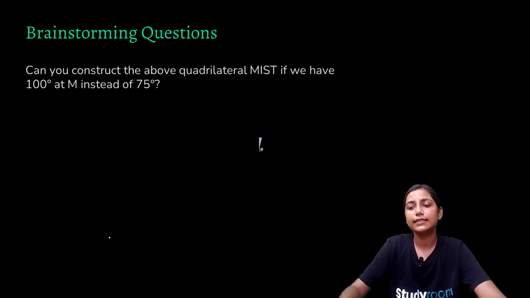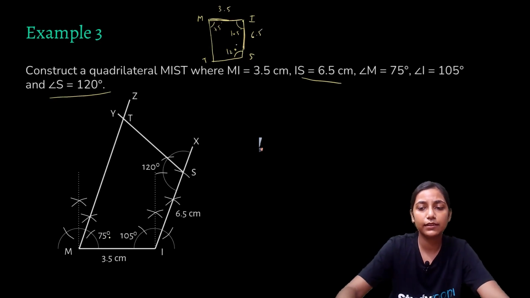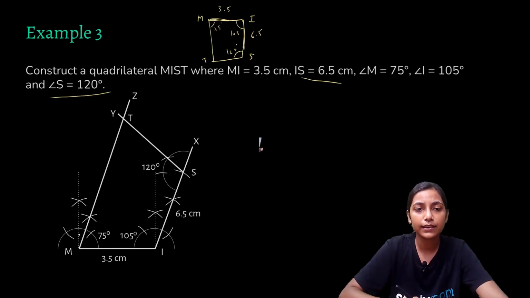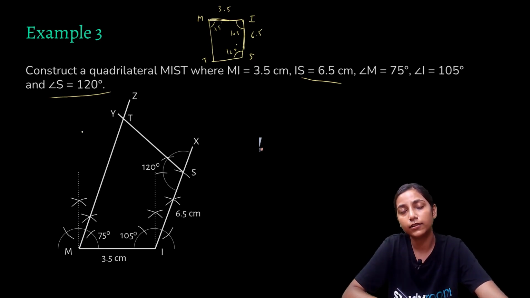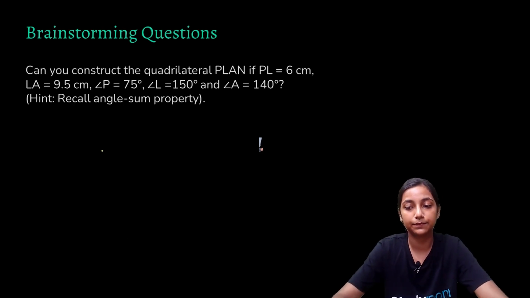But in that case, angle T's measurement will change, because vertex T will go to some other place and angle T will also change. But still we will get a quadrilateral MIST.